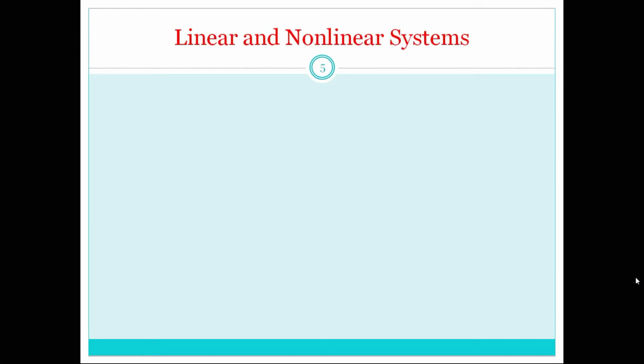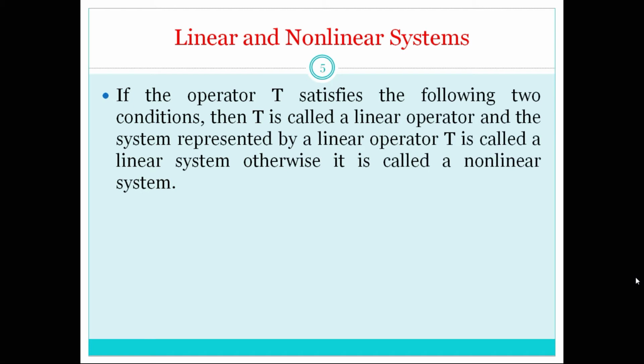Linear and nonlinear systems. For example, if capital T is the operator and it satisfies the following two conditions, then capital T is called a linear operator, and the system represented by a linear operator capital T is called a linear system, otherwise it is called a nonlinear system.